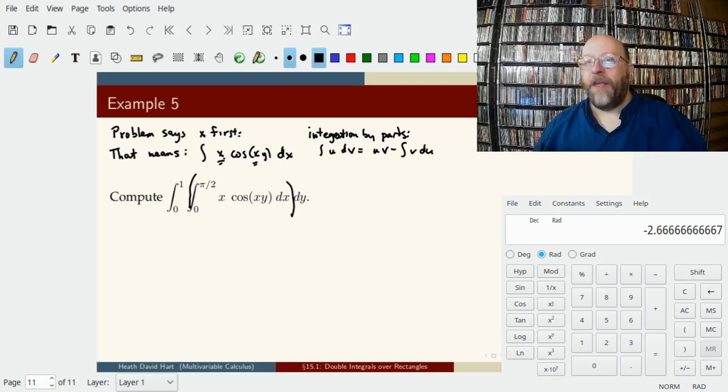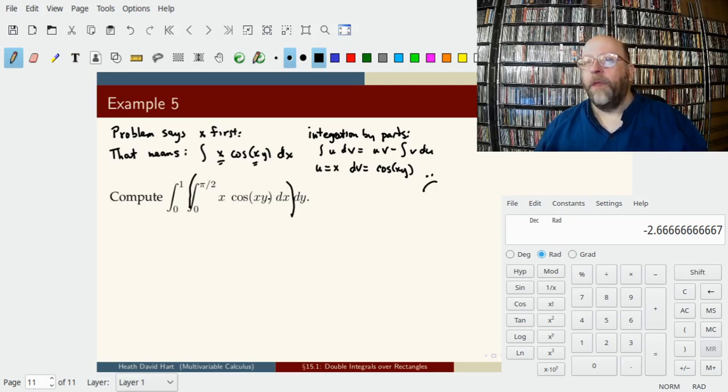In this case, we're going to let u equal x and dv equal cosine of xy. Then the du just becomes 1, and we'll just have a trig function without an x over here.